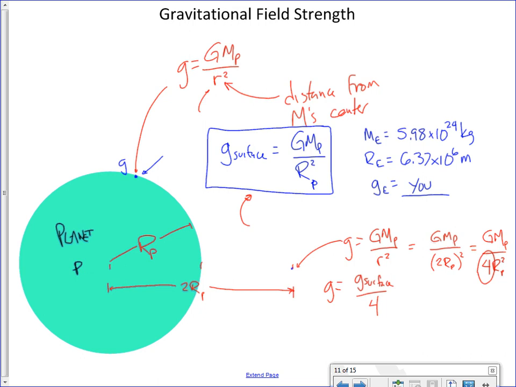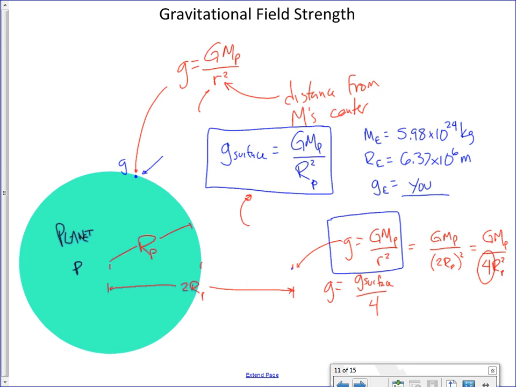At any distance from the planet's center, we can find gravitational field strength and gravitational acceleration, same thing, using that expression.